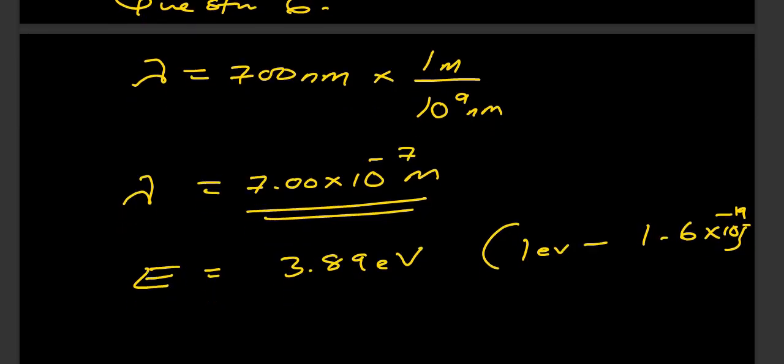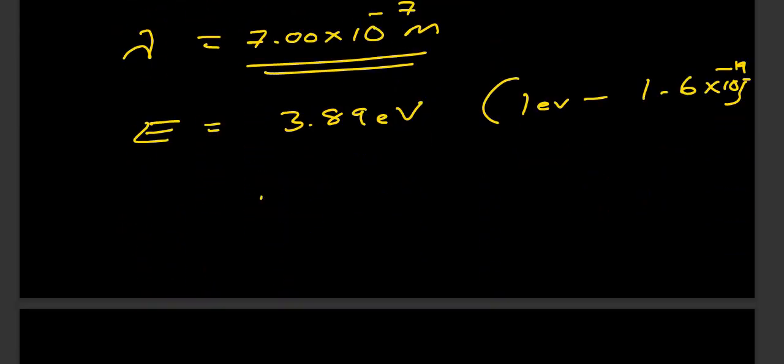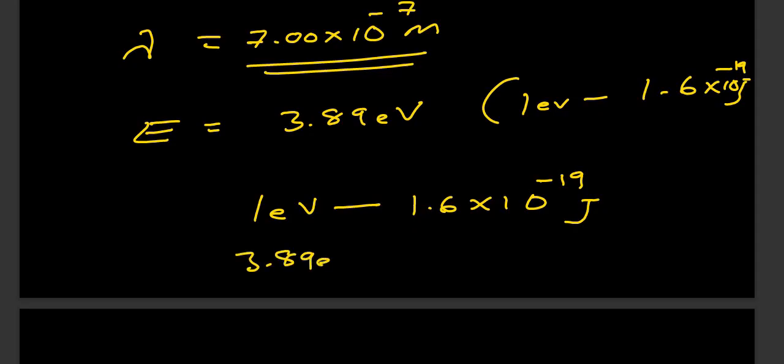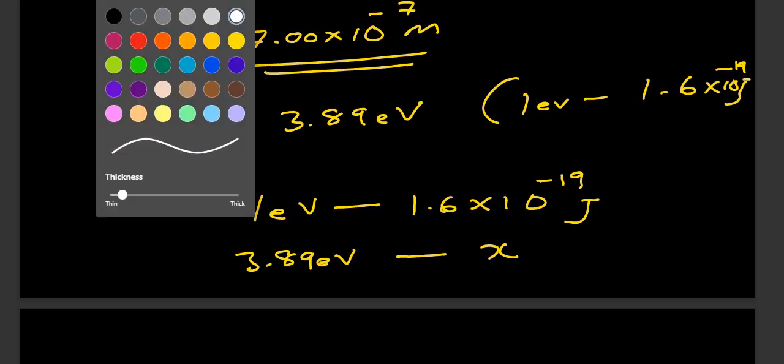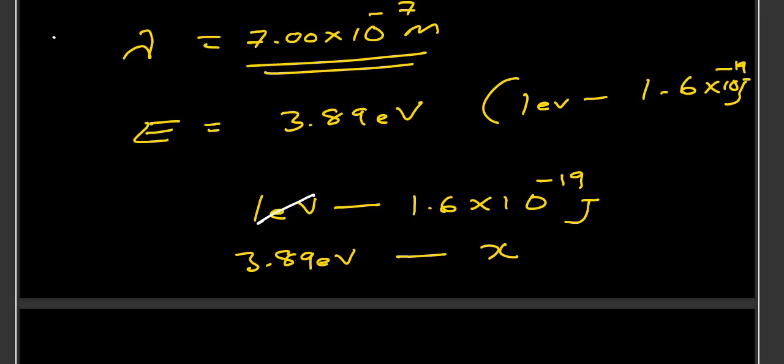So we'll convert the energy to joules. So 3.89 electron volts will be how many joules? So that we can have the electron volts cancelling out. So 3.89 times this will give us what?